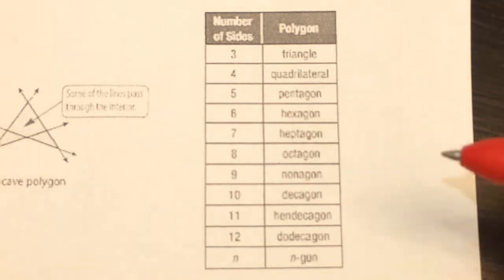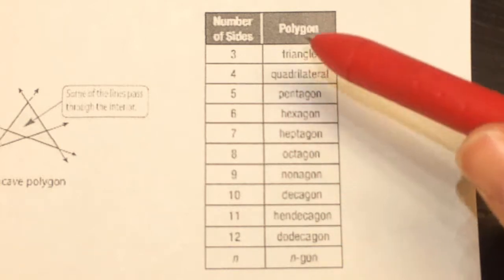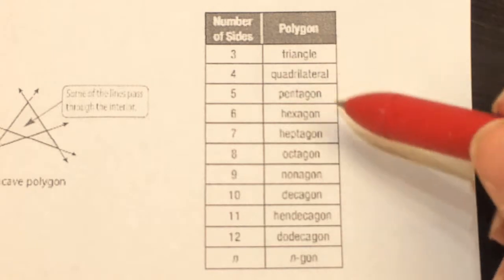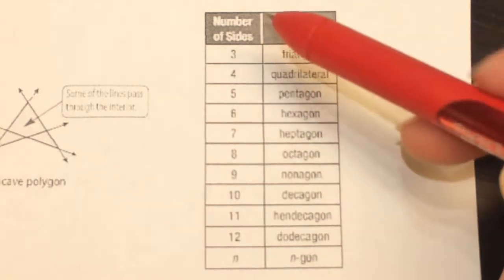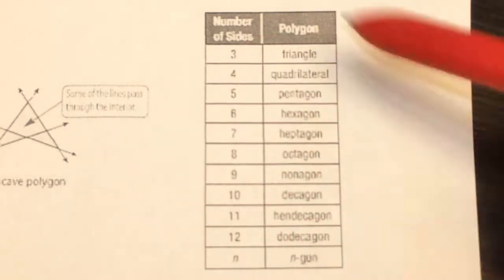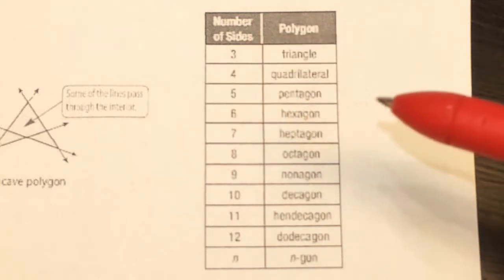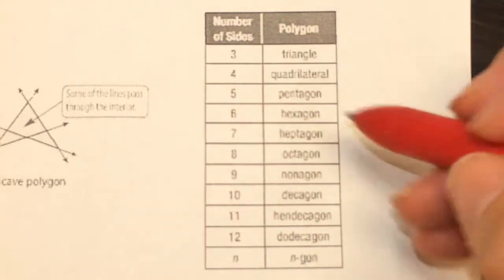Anything greater than 12, it's just that number, a gon. 13, a gon. 67, a gon. Okay, they don't have names. Y'all might have your own little thing to remember these. On your test, you're going to have to name polygons, and I'm not going to tell you this chart. So I would be familiar with these.